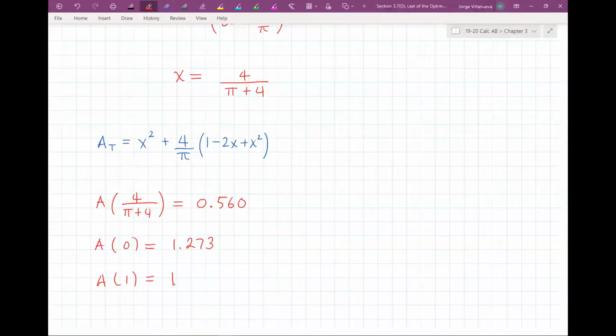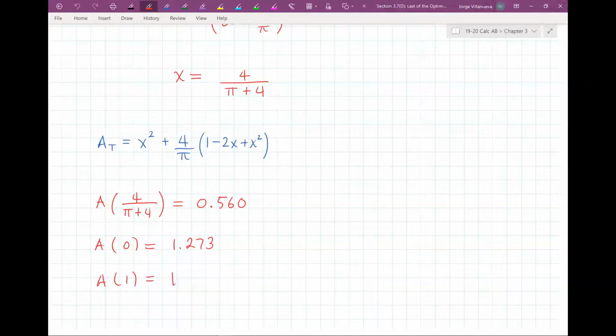Okay. So which one maximizes my area? A of 1 is 1. A of 0 is 1.273, and the other one's 0.56. So which one's bigger? 0. So what does that mean? If x equals 0, and you said x was referring to the square, right? But they said x is 0. So then where do they put the wire?